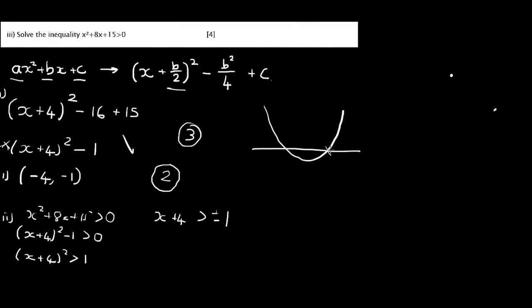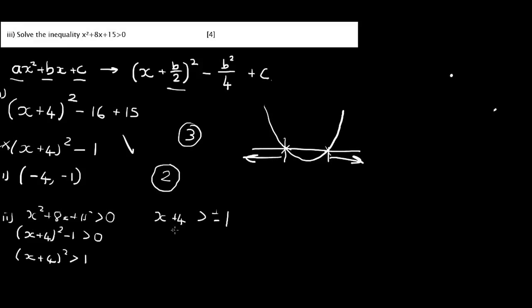We've got 2 roots here and there. What we're looking for is when the value of this expression is greater than 0. So we're looking for that and that.